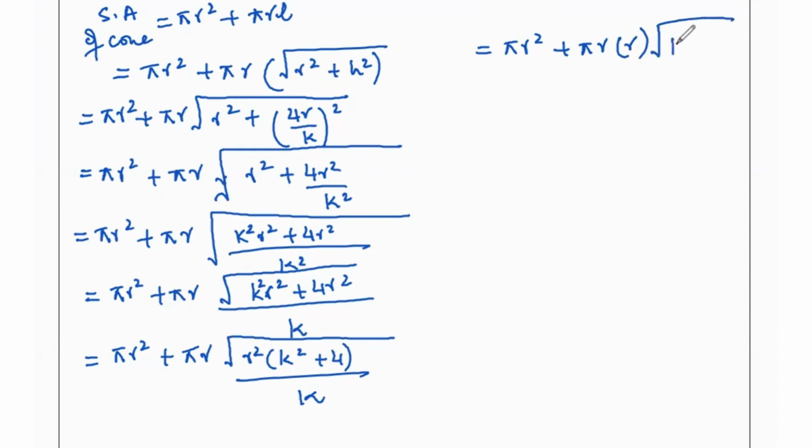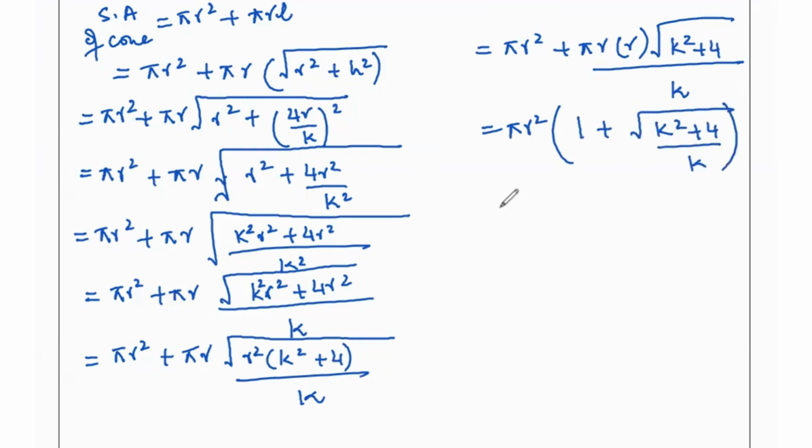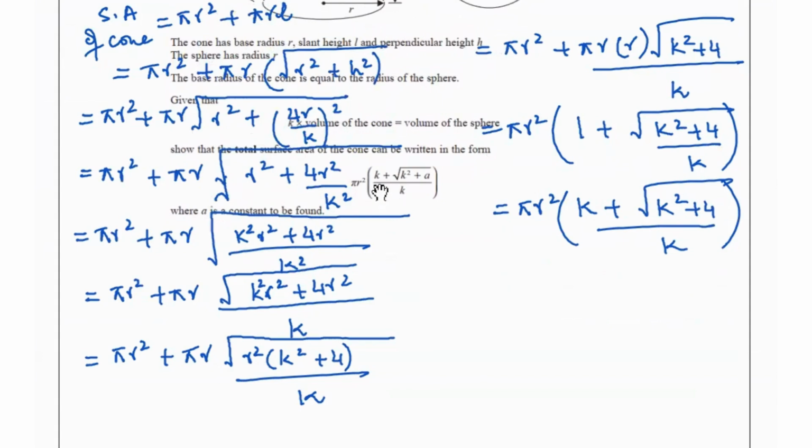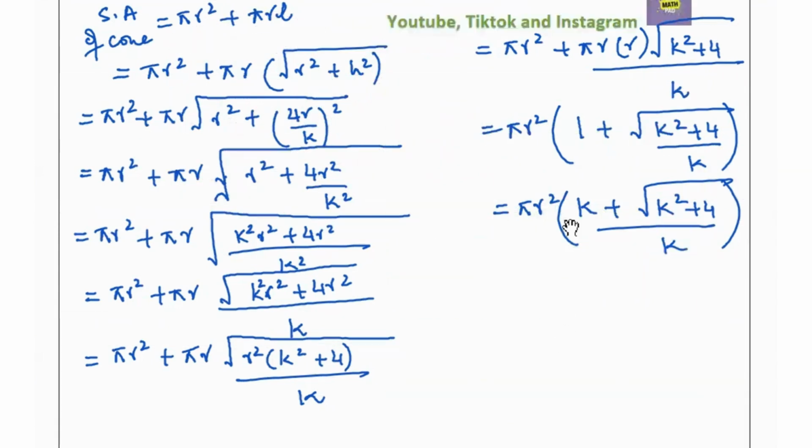And then we have k squared plus 4 over here and k over here. So we can take the pi r squared common. When you take that common, we have 1 plus root of k squared plus 4 over k, so pi r squared times k plus root of k squared plus 4 over k. I think this is exactly what they wanted us to prove. Yep, pi r squared times k plus root of k squared plus a over k, and a is 4.